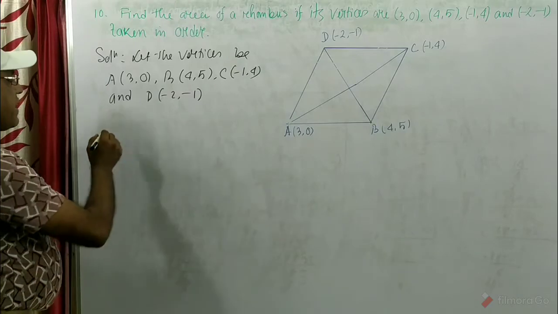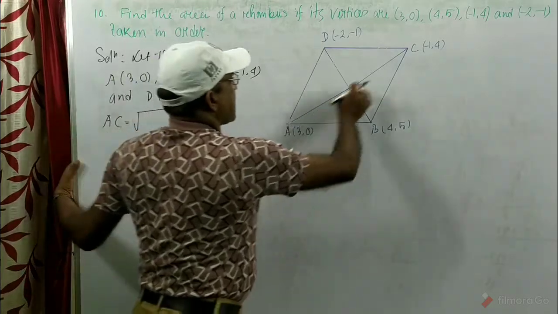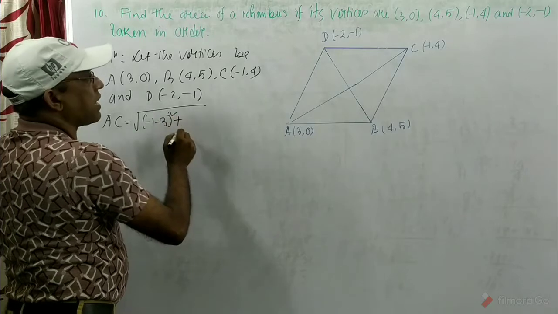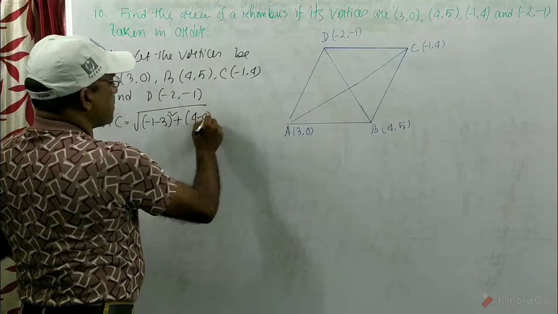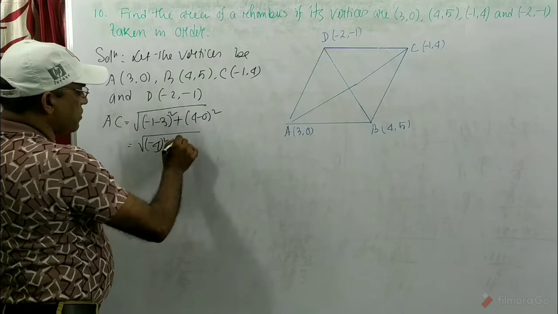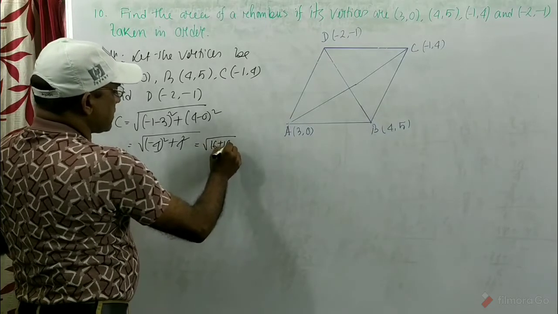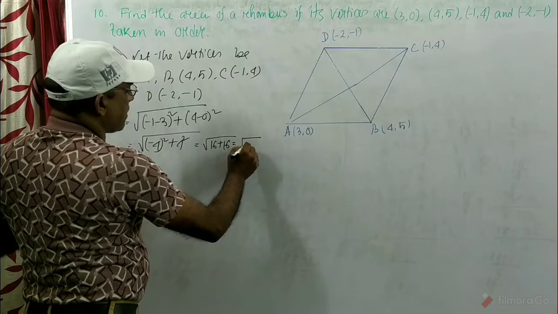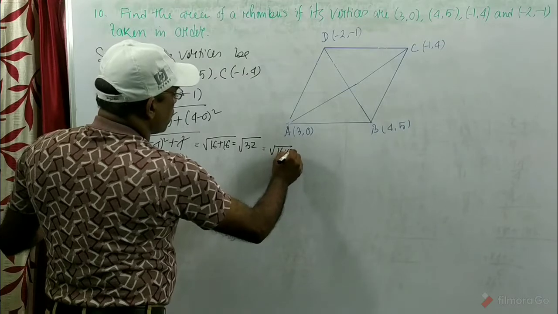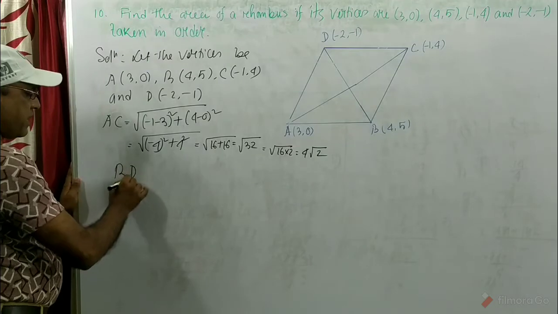So first we find AC. AC means distance between 2 points. This and this: (-1 - 3) whole square plus (4 - 0) whole square. So this will be (-4) whole square plus 4 whole square. This is 16 plus 16, 32. 32 means this is 16 into 2. 16 means 4, so 4√2 we get. Now we find BD.